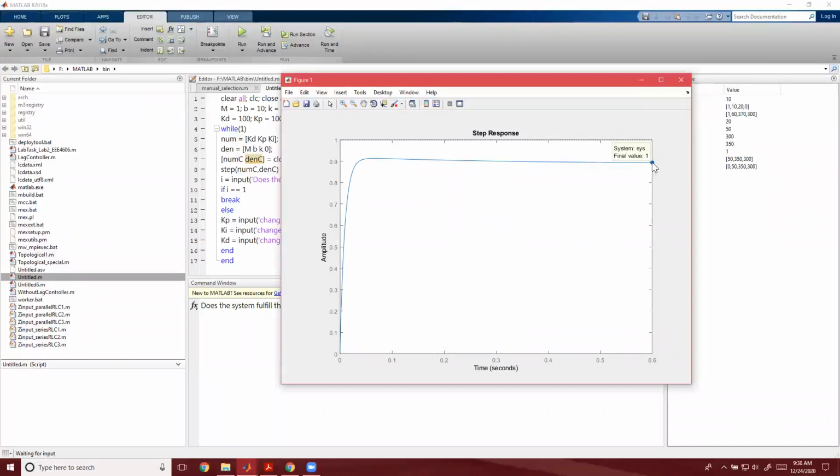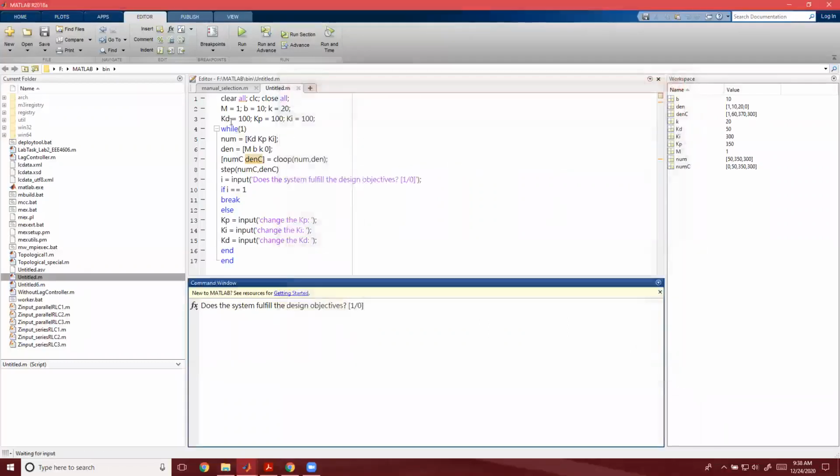We don't seem to have any steady-state error initially because obviously we have our KI controller. What's the rise time? It's about 0.0362. This is for KD equals 100, KP equals 100, KI equals 100.